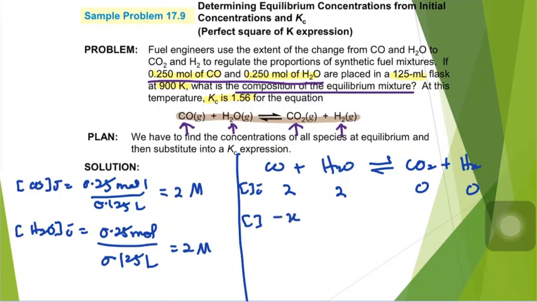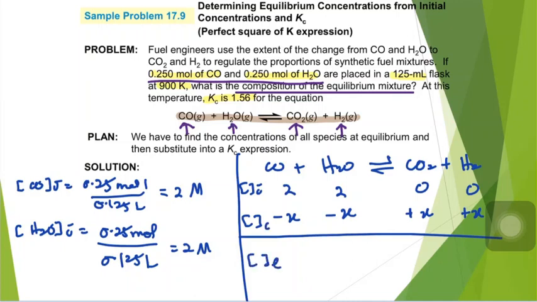CO is a reactant, so it will be reduced. That is why it is negative X. Negative X for the H2O, it is also reduced. And for the concentrations of CO2 and H2, they are increased, so plus X, plus X. And lastly, the concentration at the equilibrium will be 2 minus X for CO, 2 minus X for H2O, X for CO2, X for H2.